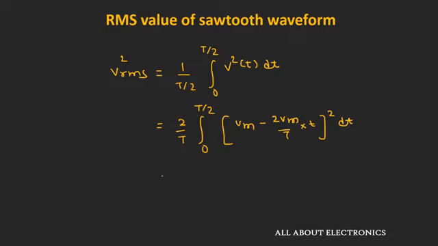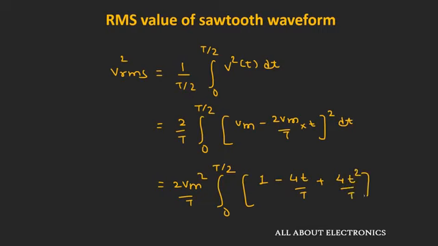Further simplifying, we can write it as 2Vm square by T integration 0 to T/2 of 1 minus 4t divided by T plus 4t square divided by T square.